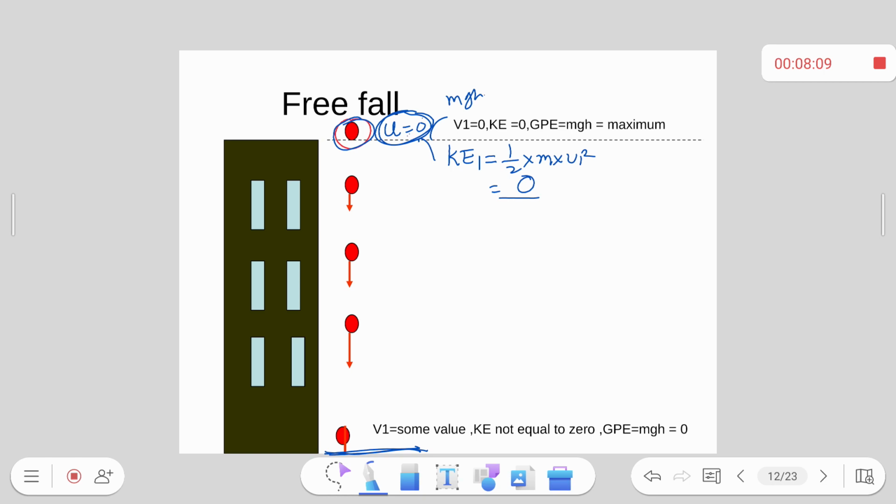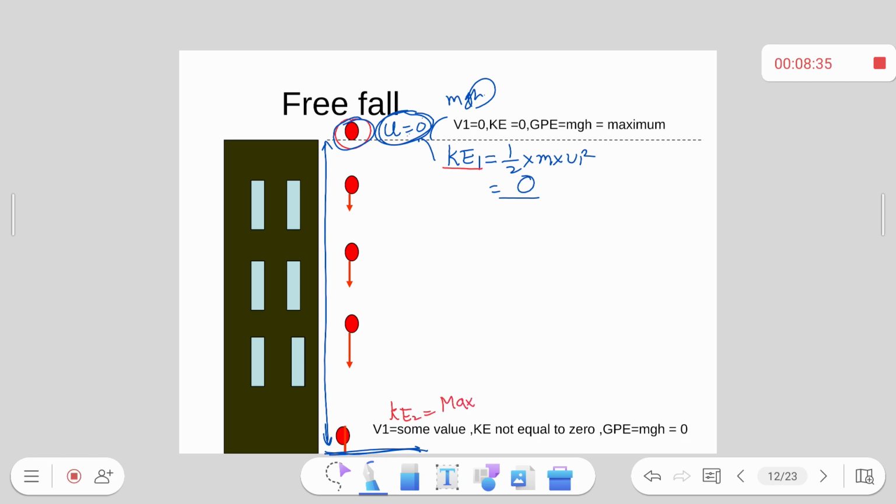MGH, potential energy. So remember my dear students, potential energy is always maximum at height. If this is having a height, then potential energy is max at height. So in this case KE is 0 at the top. The KE is always maximum on the ground.